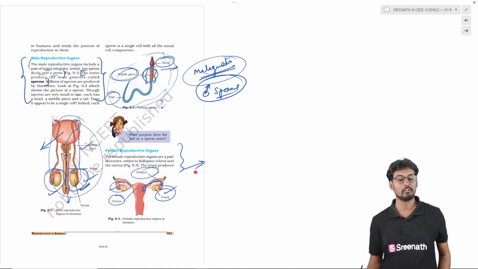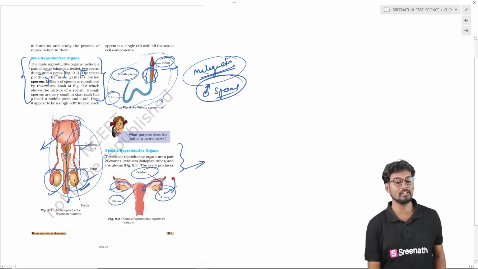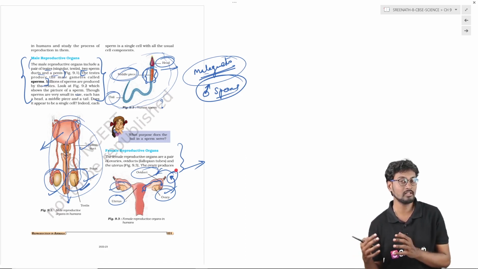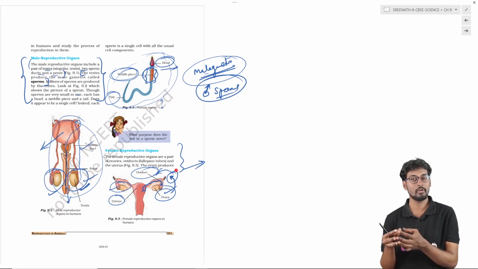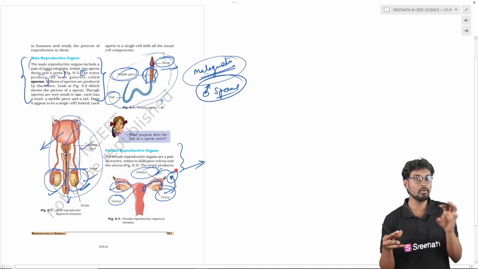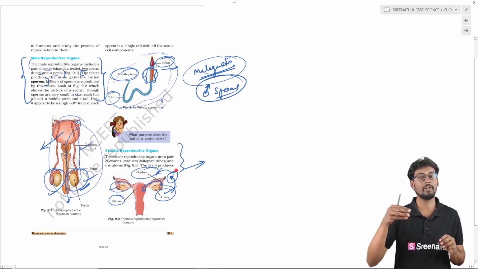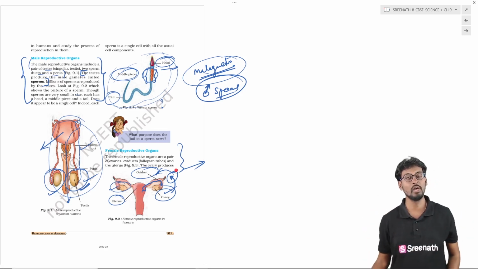So the ovary releases one egg cell or ovum, which undergoes fertilization for the formation of the zygote, and maturation of the zygote into the embryo takes place in the fallopian tubes, or oviduct.